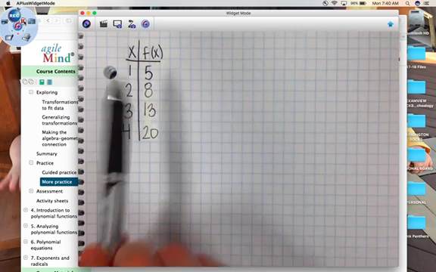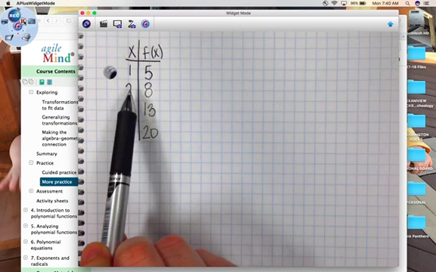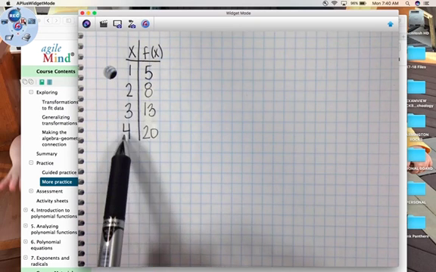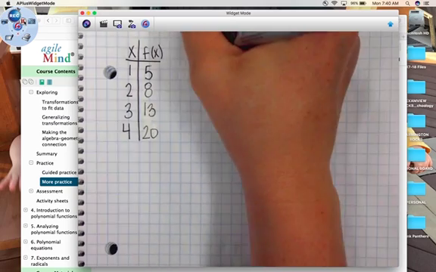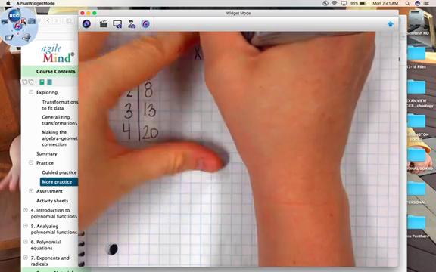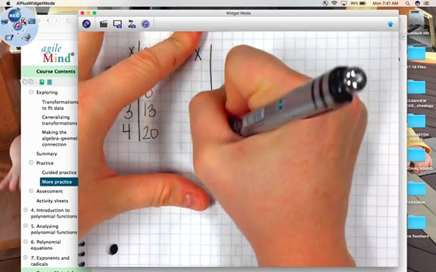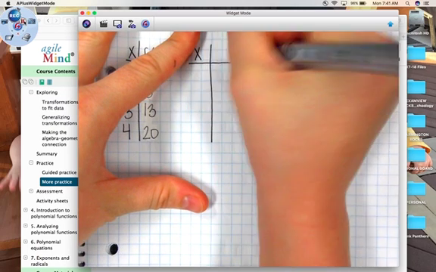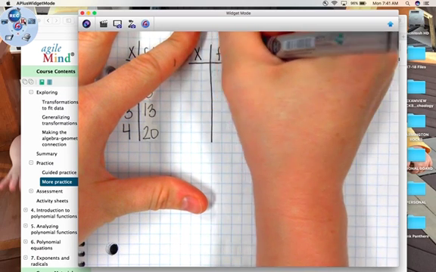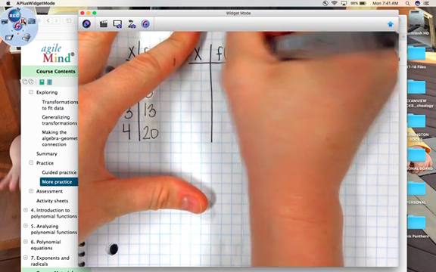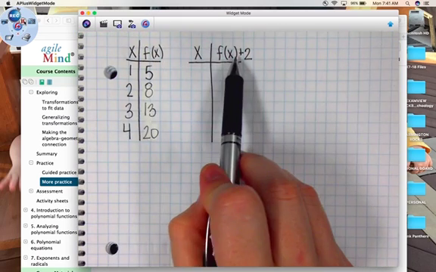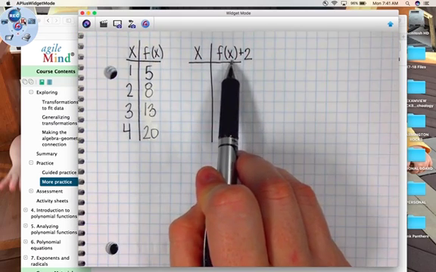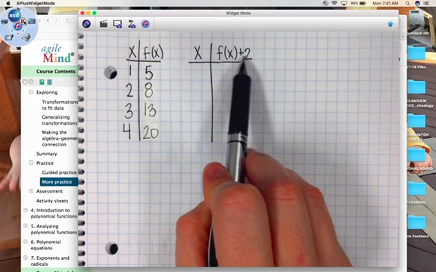The first point is 1, 5, 2, 8, 3, 13, 4, 20. If I tell you I want you to create the table of x and then f of x plus 2, now notice if it's not inside of the parentheses, so it's not an h value, it's a k value.